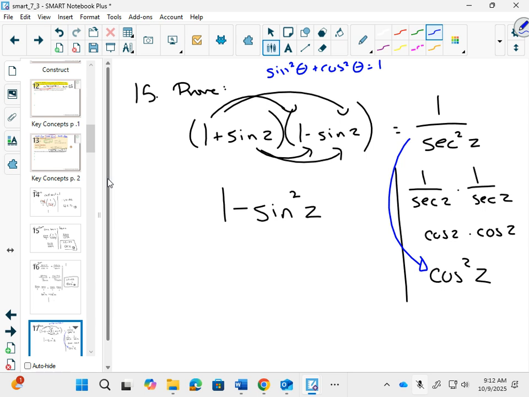In identities, if you can see something with one mental math change or manipulation, for example, can you see it's really easy mental math-wise to get the cos squared by itself? What would you have to do to get the cos squared by itself? You would have to subtract the sine squared to the other side, right? Can you see that?